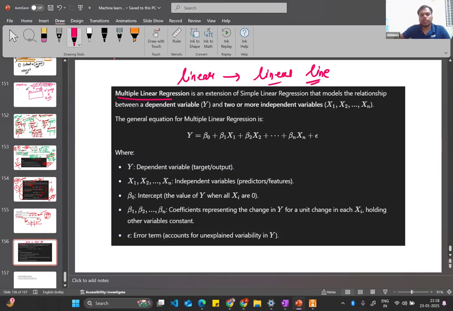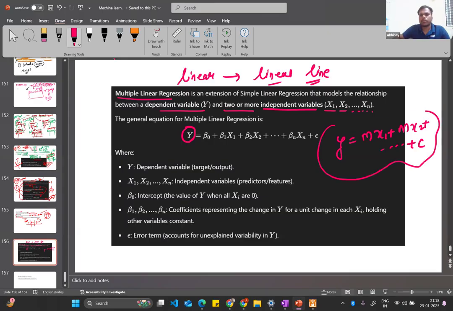But the one major difference is that here you will have two or more independent variables, that means x1, x2 and so on, and there will be only one dependent variable, that means your output. So this is the equation of the line: Y is equal to m1x1 plus m2x2 plus so on, plus c.